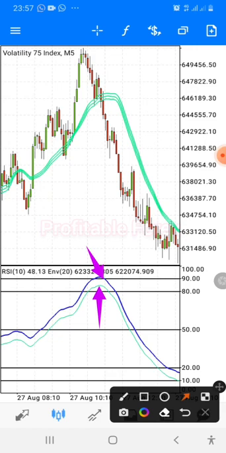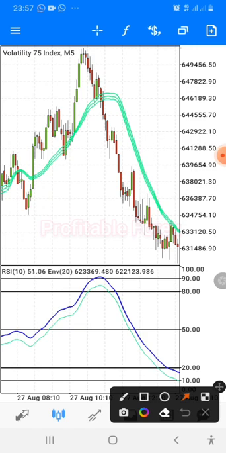If the upper band is not touching the 90 level, do not go in for that trade. Make sure the upper band touches the 90 level and the lower band is between the 90 and the 80 level, then you can enter a trade for a sell.